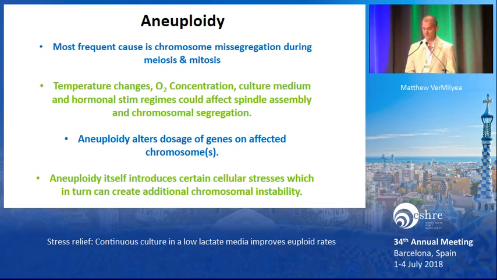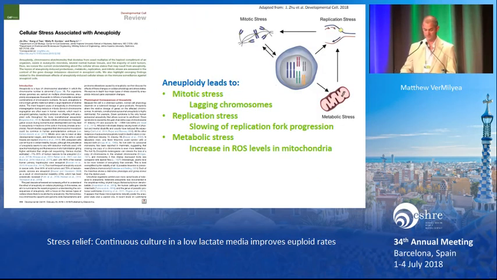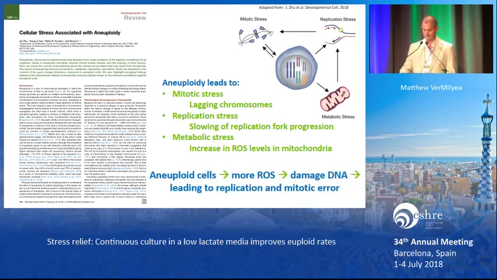Aneuploidy alters the dosage of genes on affected chromosomes, as we're all aware, and aneuploidy itself can introduce certain cellular stresses, which in turn can create additional chromosomal instability. A great paper that just came out, Cellular Stress Associated with Aneuploidy, 2018, highlights the effects of stress, particularly mitotic stress with these lagging chromosomes, which then have a knock-on effect with replication stress and slowing of the replication fork progression, followed by an increase in ROS levels in the mitochondria.